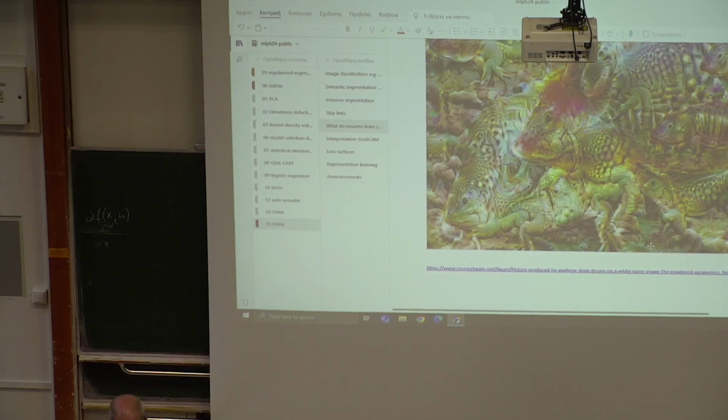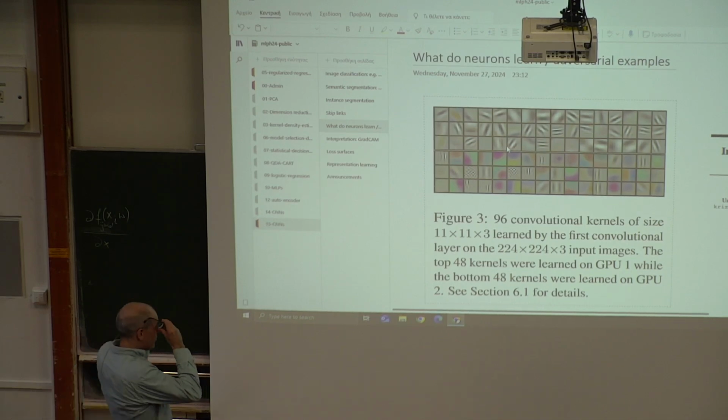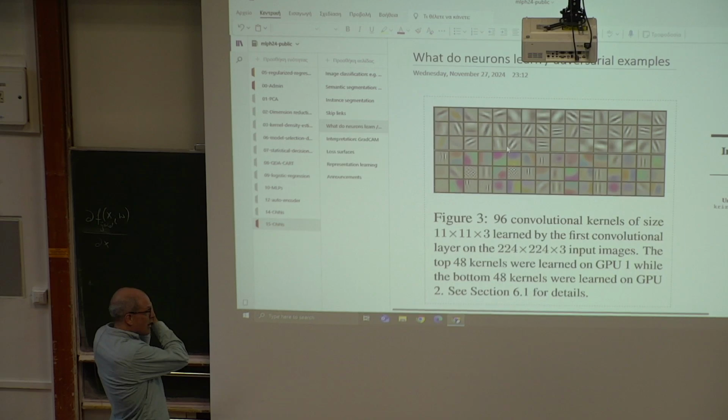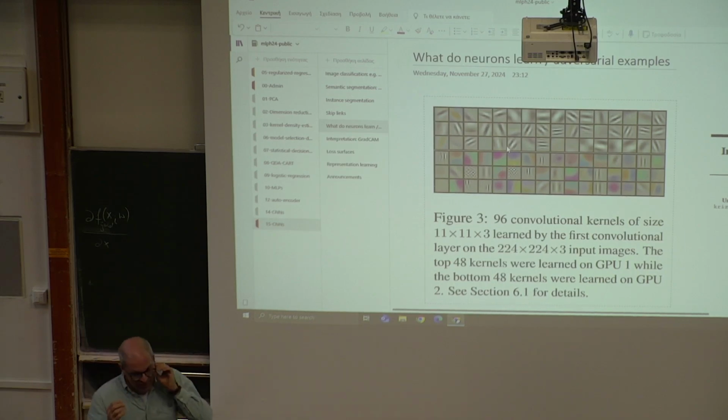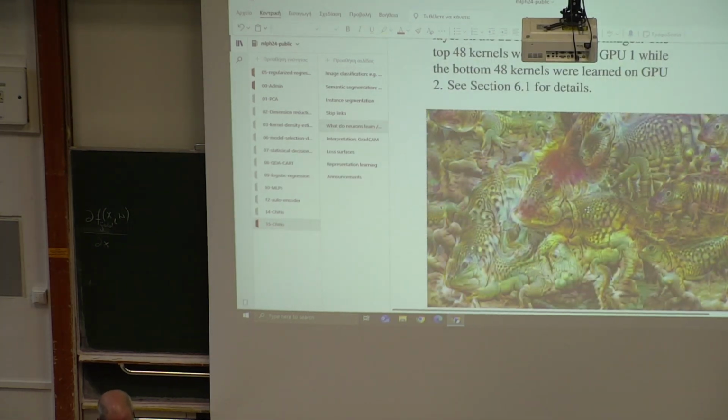Okay, but here the headline was, what do neurons learn? In essence, in the first layers, neurons learn edge detectors and blob detectors. And what they learn in later layers are representations of higher order concepts.